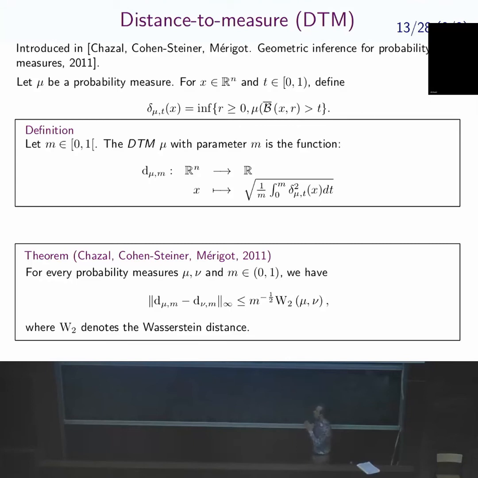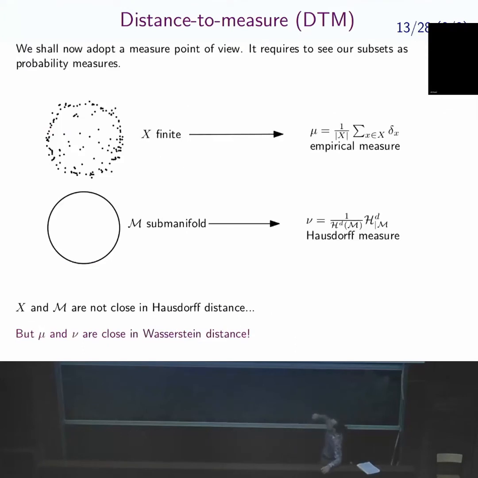This is a very interesting point of view for us, because the Wasserstein distance will play the role of the distance we want for our problem. Let me explain. First, how can I convert a set into a measure? I give two examples here. If X is a finite subset, I can consider the empirical measure. If M is a compact manifold, I can consider the uniform measure on it.